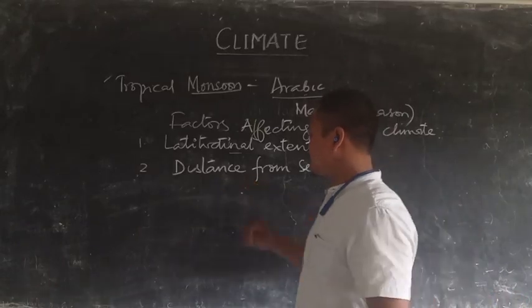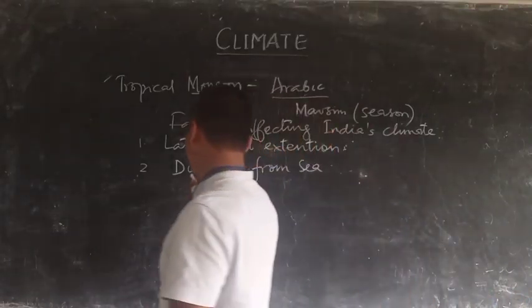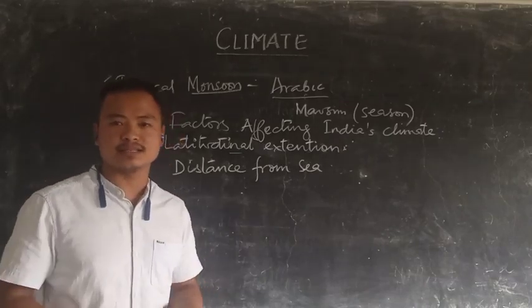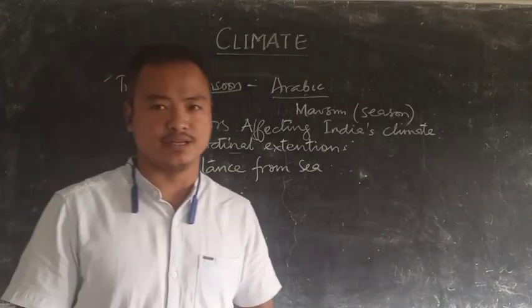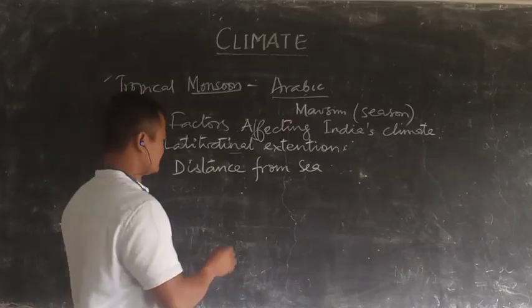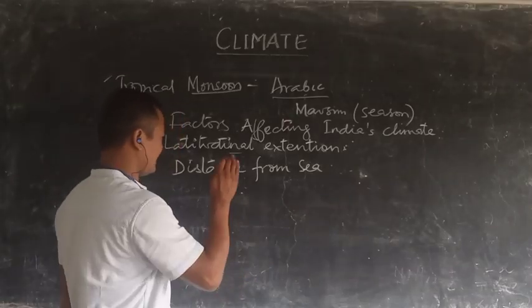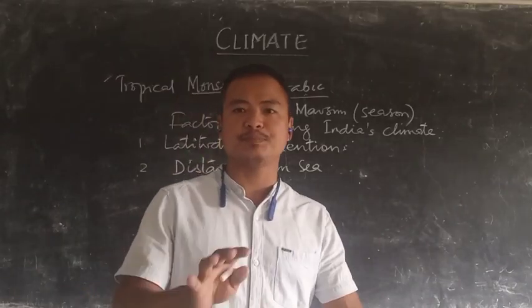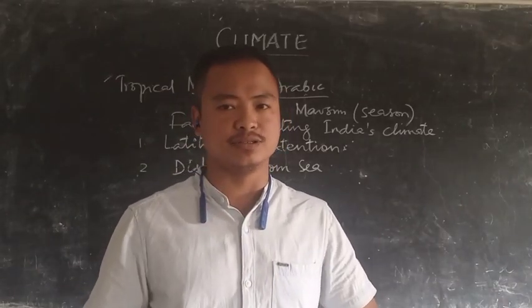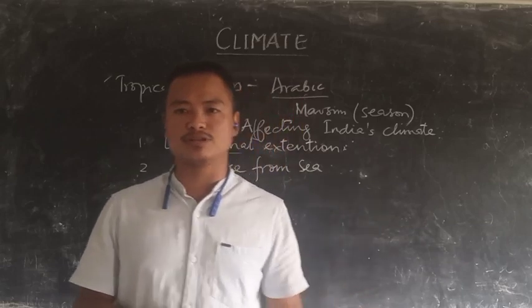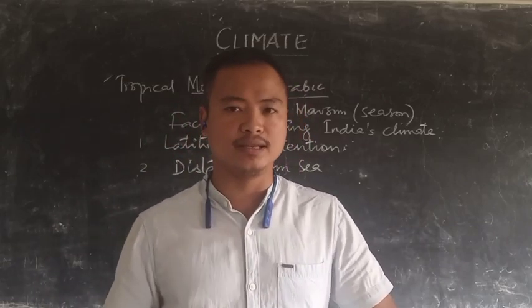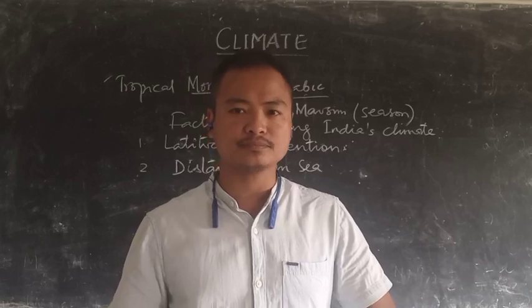The water bodies, since they cool and warm up much slower as compared to the land masses, place their effect onto the nearby areas. So in that context, any place that is located very close to a water body experiences moderate temperature. That means here the temperature is not very high during summers and not very low during the winter season.